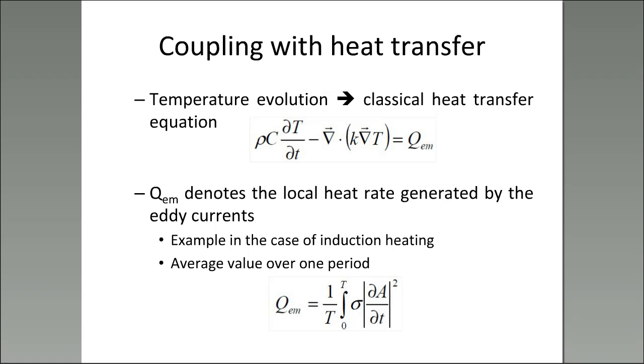And so, for instance, if you use an AV formulation, you have a simple expression for QEM, which can be accessed by the integral from 0 to T, T being the period of the input current, of sigma times the derivative of A with respect to t. Okay.